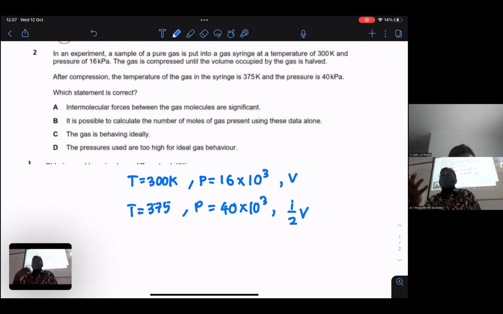Now, my work over here is just to find out whether they satisfy the ideal gas formula, PV equals nRT. In this case, you're using the same gas, so it means the number of moles must be the same. If I can prove the number of moles is the same, it means that they are ideal.